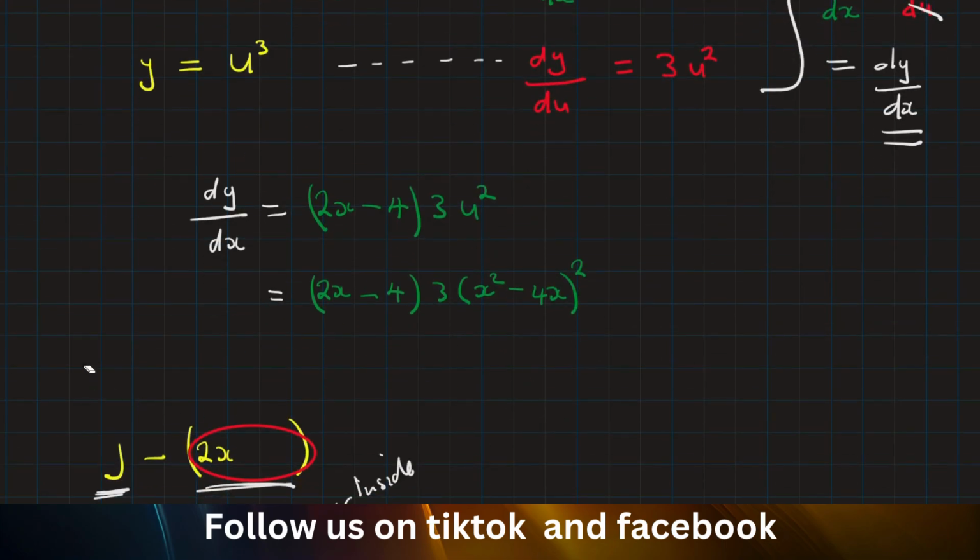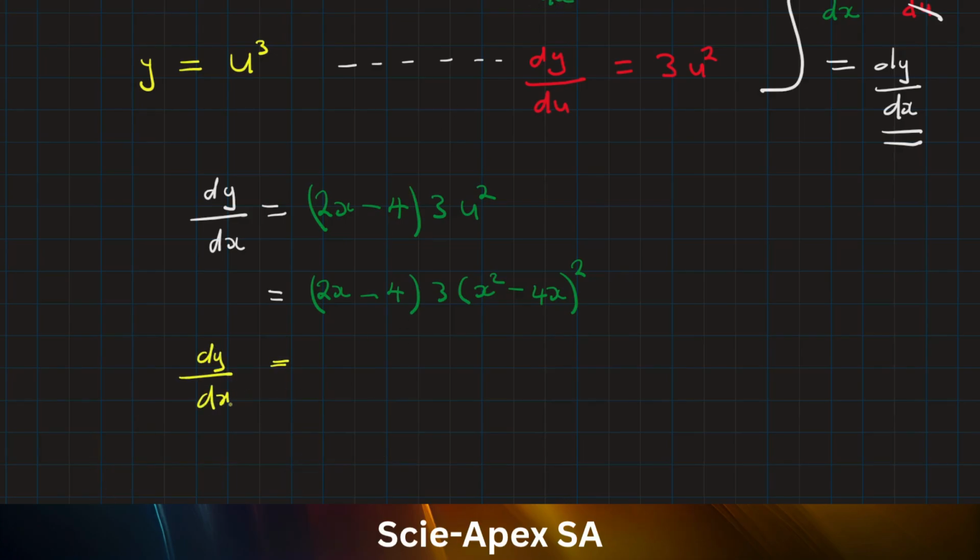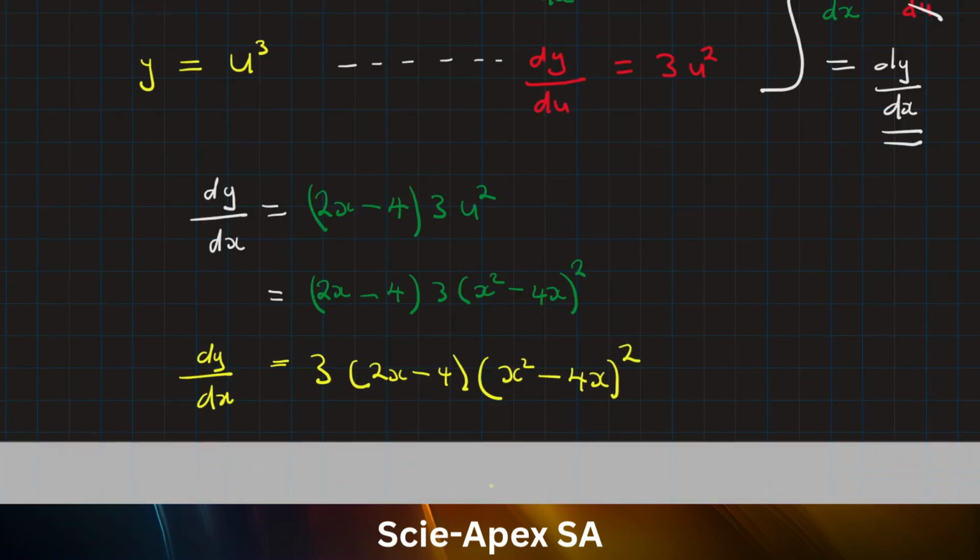So if I want, I can clean that up. And my final answer will be dy on dx is equal to 3 bracket 2x minus 4 and x squared minus 4x squared. Then I'm done.